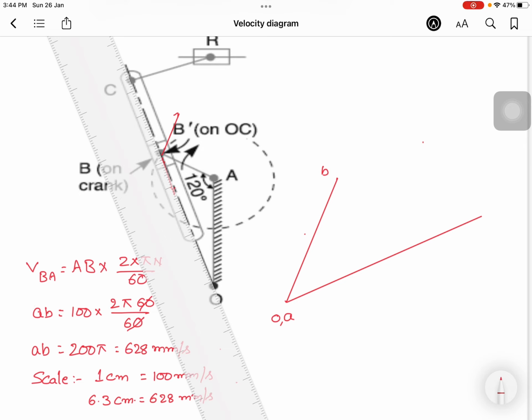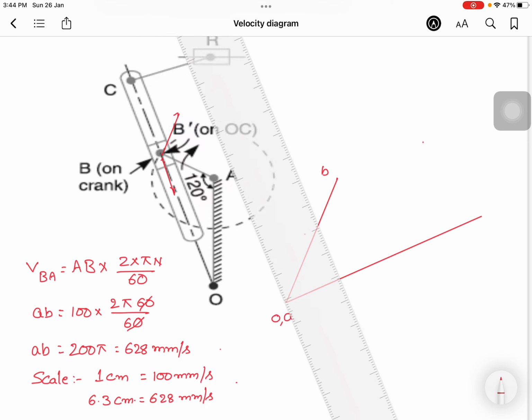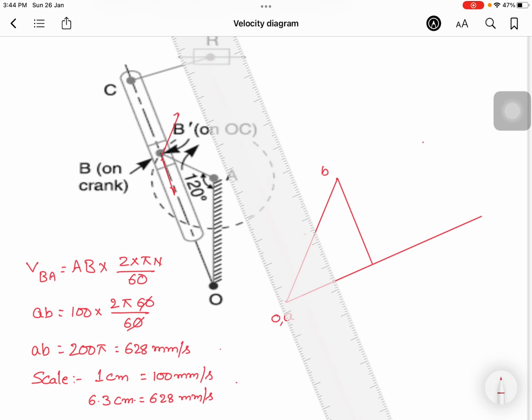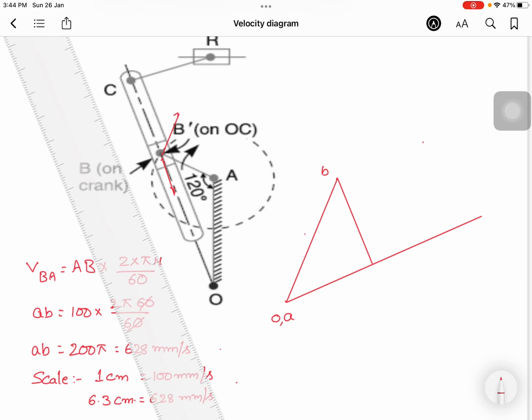Draw a line in this direction. This line will intersect the OC line at this point B dash. Now we can identify the point C.